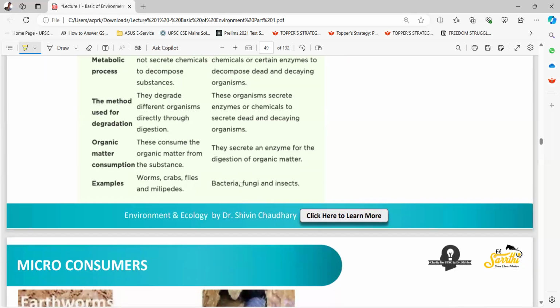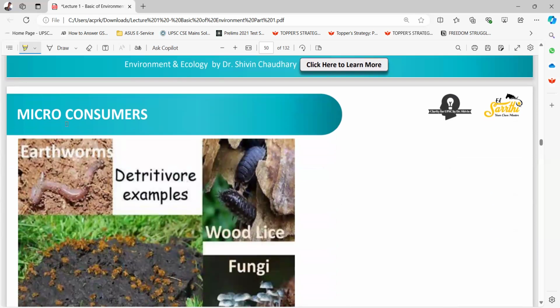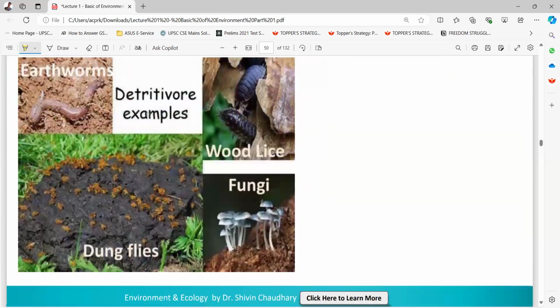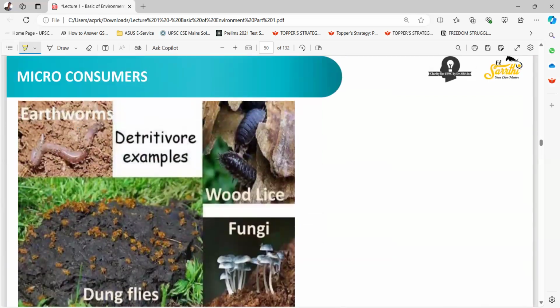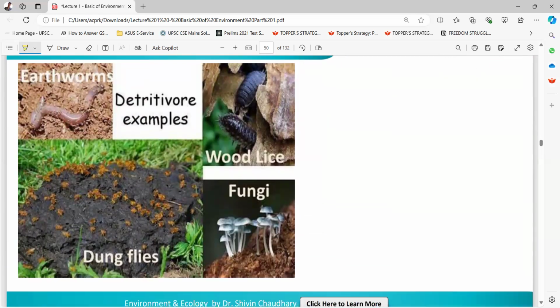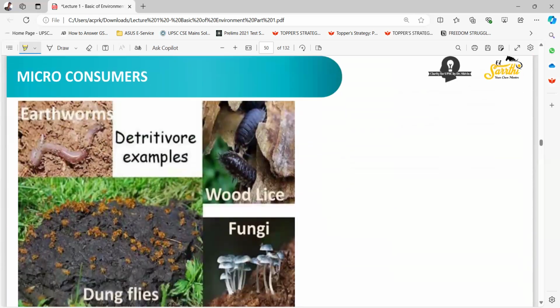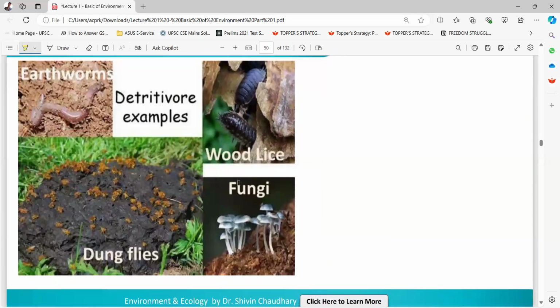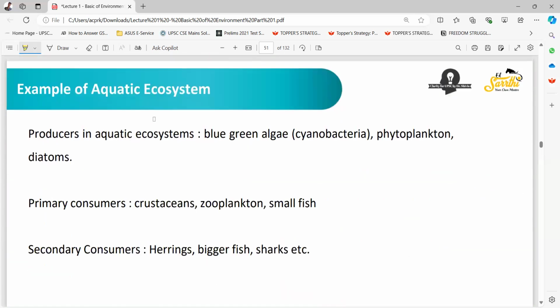Decomposers: bacteria, fungi, and insects, also called microconsumers. Okay, detritivore examples: earthworms, wood lice, fungi, dung flies. Those are detritivores.